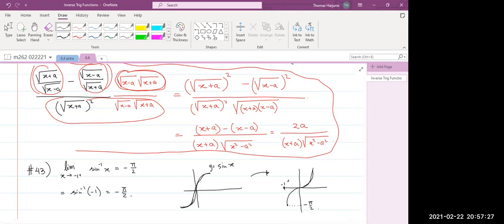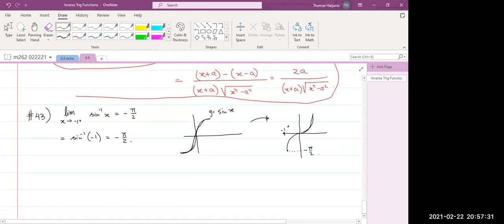Okay, now that's not the case, however, for number 44. Number 44, we have limit x goes to infinity of arcus cosine of 1 plus x squared over 1 plus 2x squared.